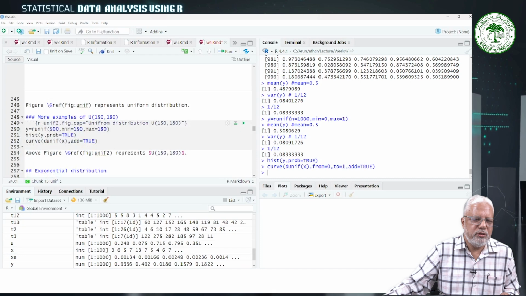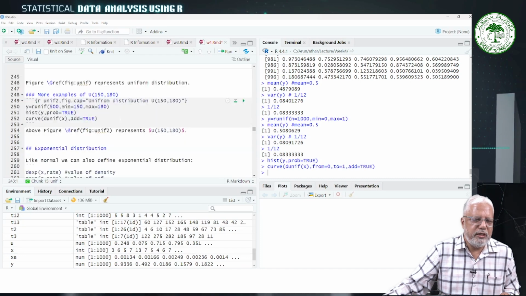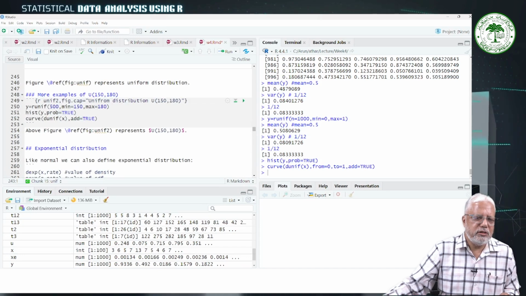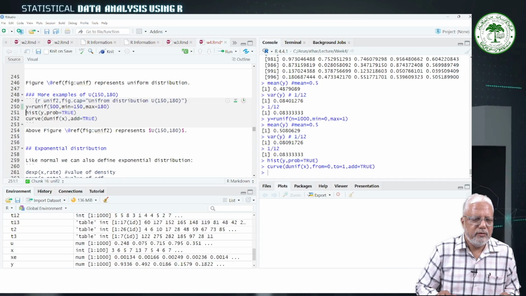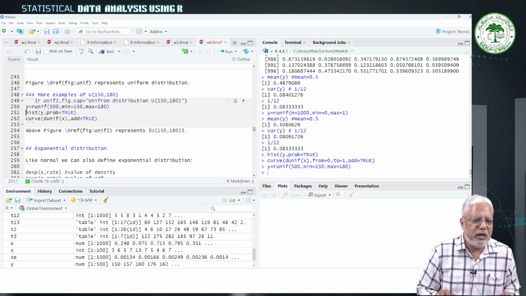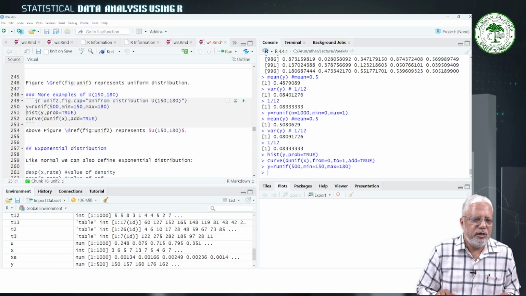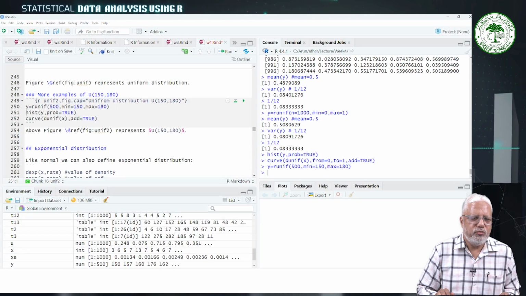This represents uniform distribution. More examples on uniform 150 to 180. y is equal to runif, 500 observations with min is equal to 150 and max is equal to 180. If we want to make a histogram, it will be hist(y, prob = TRUE), and then we want to add a curve dunif(x), add is equal to true.